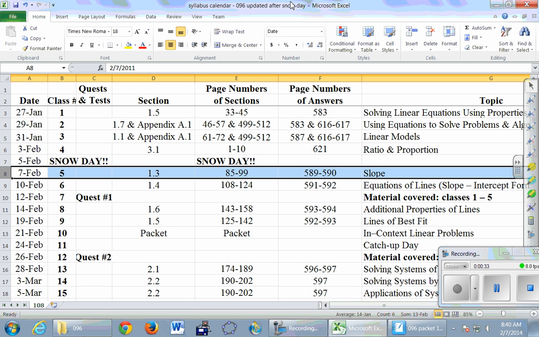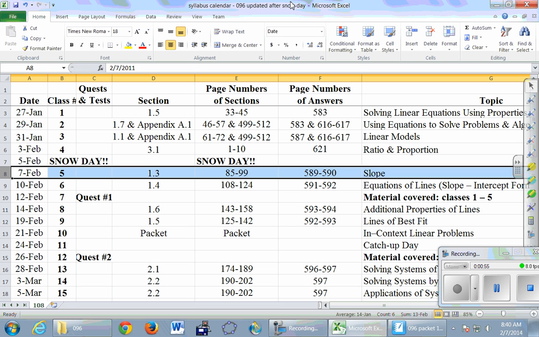So today we're going to cover slope, and the homework that I'm checking is just what was due on Wednesday. I appreciate that some people went ahead and read through the section that we're going to cover today and tried to do the homework, but that's not going to be due until next class on Monday. And our first quest is now coming up on Wednesday instead of Monday.